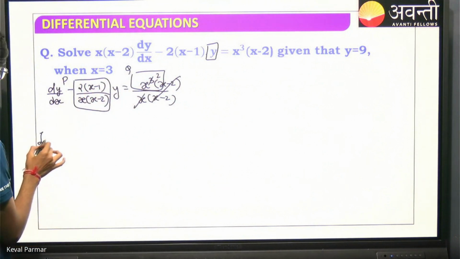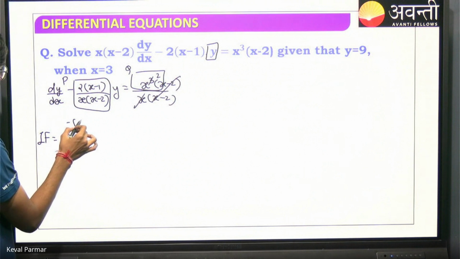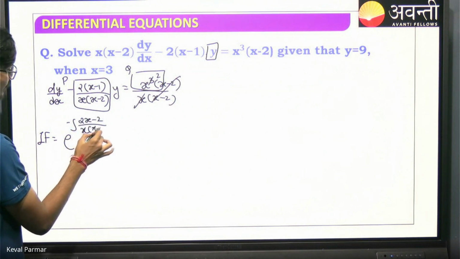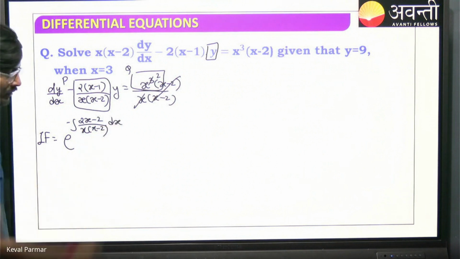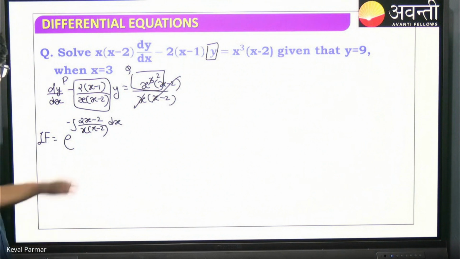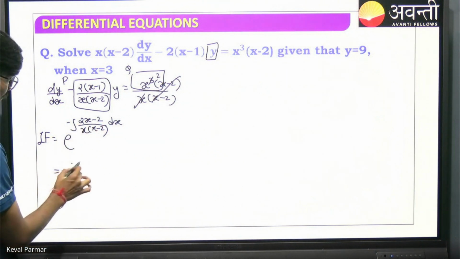So what is the integrating factor? It will be e raised to integration of P dx. So I'll take minus outside, 2x minus 2 upon x into x minus 2 dx. Correct? After this, we can use partial fraction or we can replicate. See, I'm doing something smart.